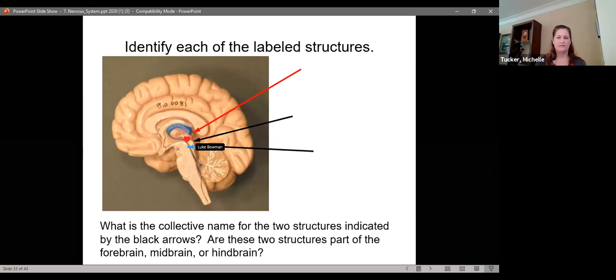And then a question mark at the pineal gland. So the collective name for the superior colliculi plus the inferior colliculi is the, very good, corpora quadrigemina. And the two structures that are with the black arrows are part of the midbrain.